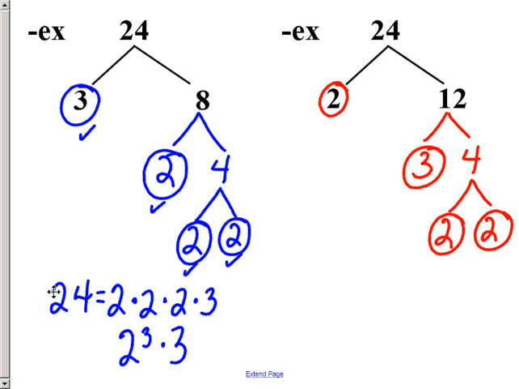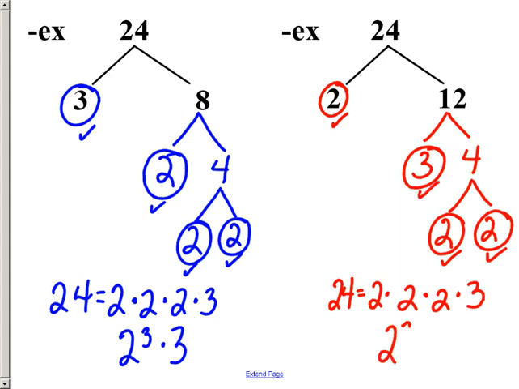And for breaking it down as 2 times 12, notice I still am going to get 2 times 2 times 2 times 3, which is still 2 to the third power times 3. So no matter which way I split up my numbers to start with, I'm still going to get the same answer regardless of which way I do it. I still should get the same prime factorization.